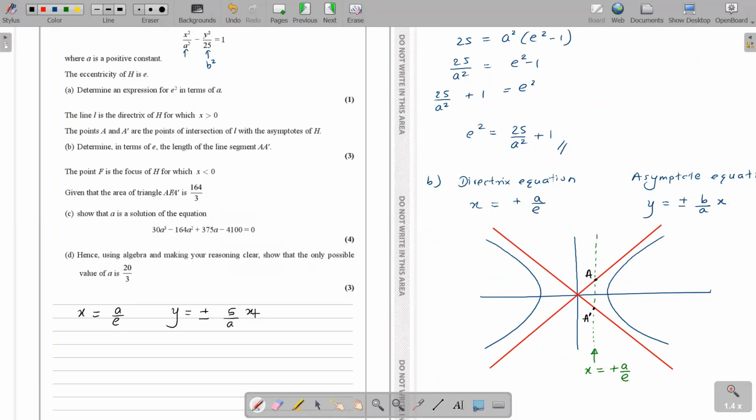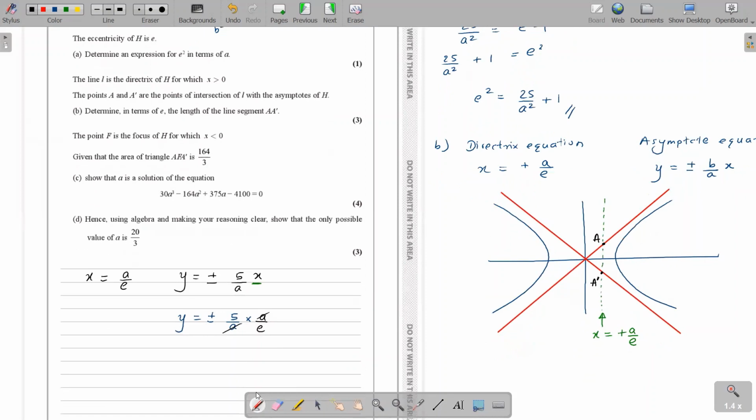So in this case, let's solve the two equations simultaneously. x equals a over e, so I'll input the value of x into y equals plus or minus 5 over a times x. With x as a over e, the a cancels and you get y equals plus or minus 5 over e.